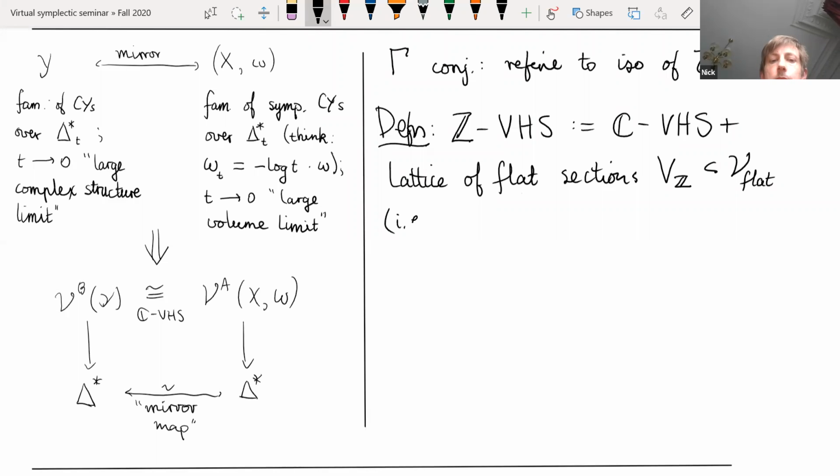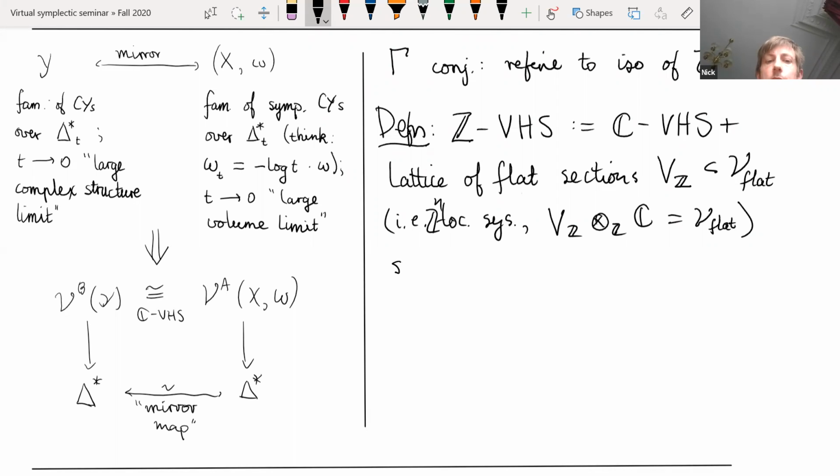So this means a local system of, well, a Z to the N local system, sorry, so that when you tensor with the complex numbers, you get the C to the N local system of flat sections of your complex variation of Hodge structures.